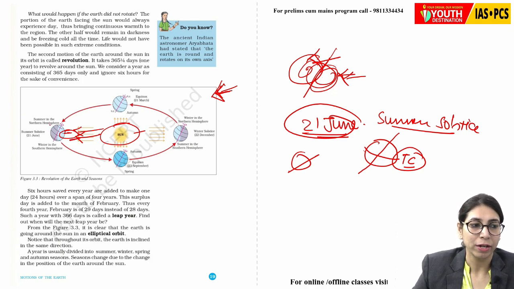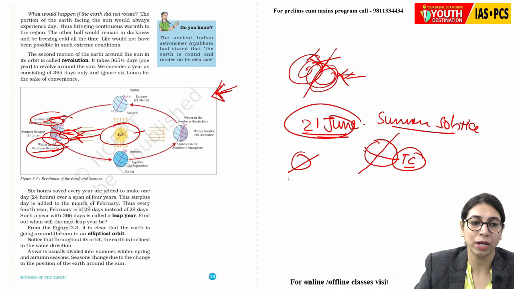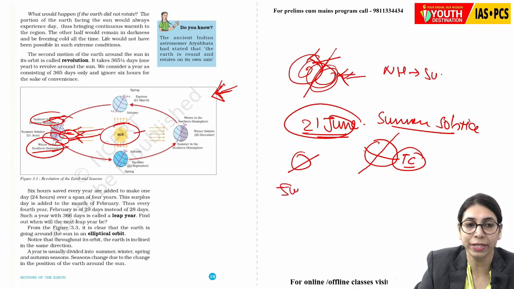So that's why in the northern hemisphere one can experience summer and the southern hemisphere experiences winter, right? So on summer solstice के time पे क्या हुआ? Northern hemisphere में आपकी हो गई summers and southern hemisphere में there are winters.